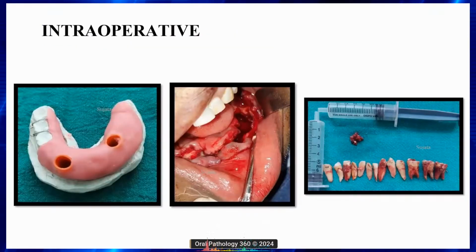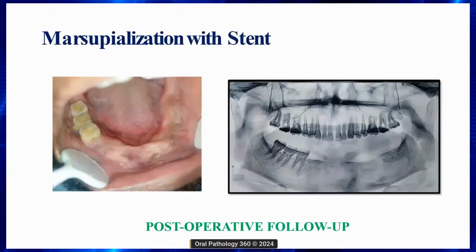This patient was treated with extraction of the involved teeth, which were mobile, showed resorption and were non-vital. After extraction, primary closure was done, except in places where we were going to place an acrylic splint with stents to keep the cavity decompressed. You can see the picture of the acrylic plate with stents. And this was his post-operative clinical healing and radiographic complete healing.